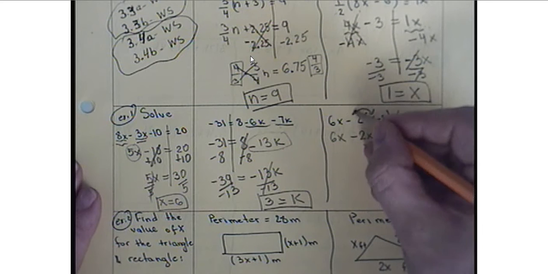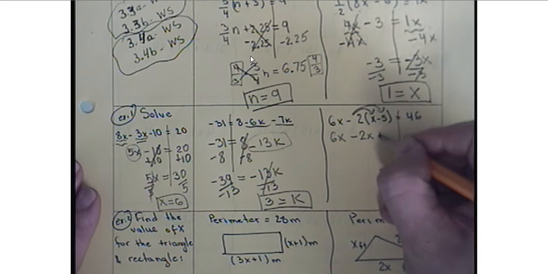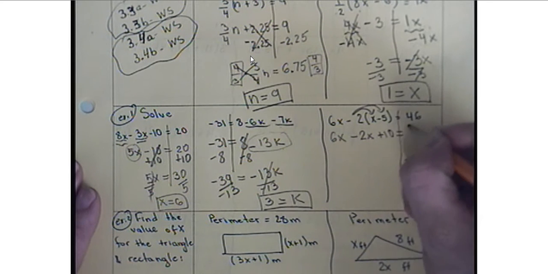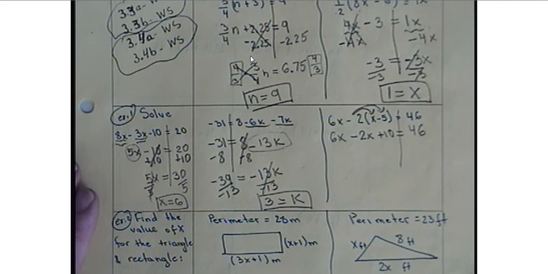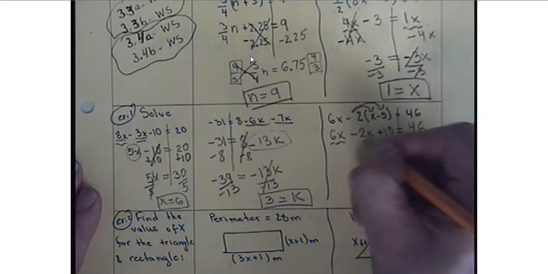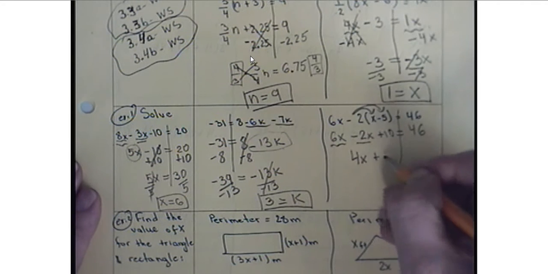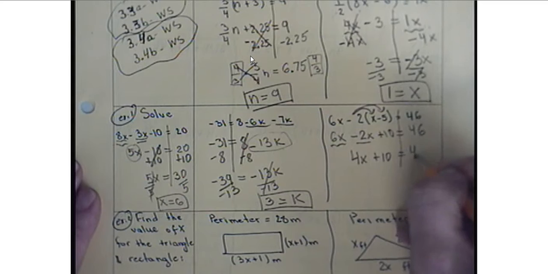Then negative 2 times negative 5 will give us plus 10 equals 46. Awesome, distributive property done. Next step, look for like terms. We have 6x minus 2x, those two are like terms, so 6 minus 2 is 4x plus 10 equals 46.